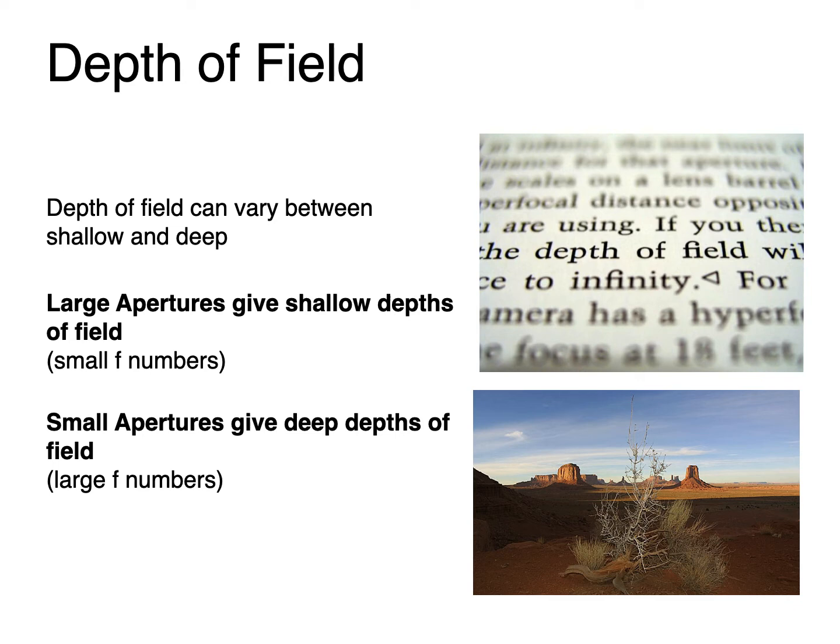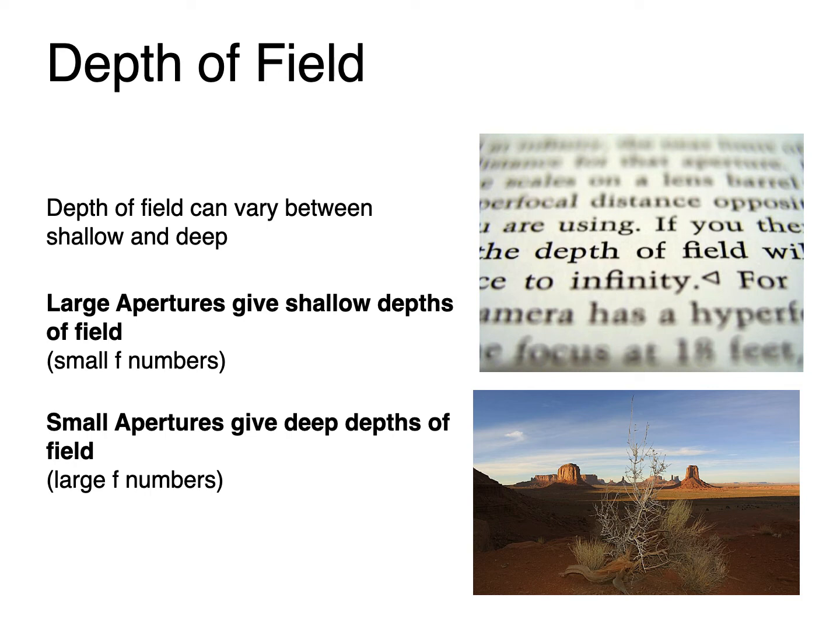That is, small f-numbers give you shallow depth of field. Small apertures give deep depths of field. You have to keep this in mind. Large apertures, that is small f-numbers, give shallow depth of field, because the amount of light falling onto the light sensitive medium through the aperture is more.